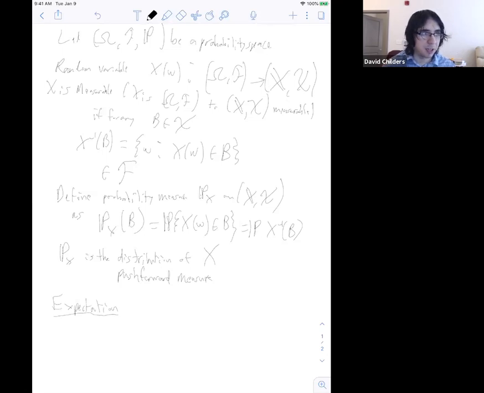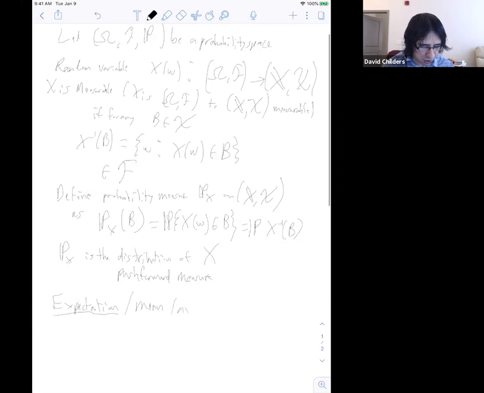This is sometimes also called the mean of a random variable or the average of a random variable. And sometimes that's specialized to population average in statistics to distinguish it from other types of averages like just the finite sum.